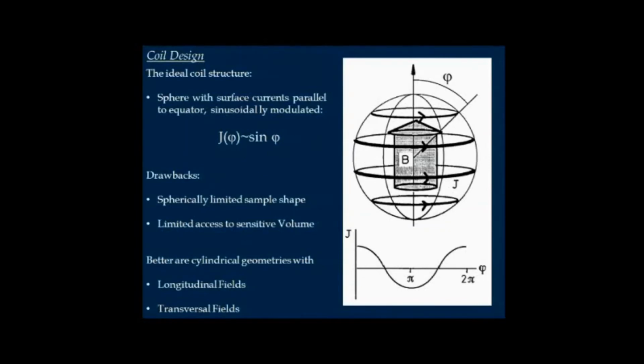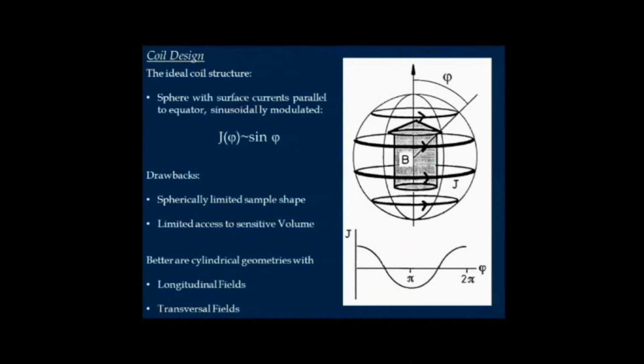This is of course analog, not digital, not only at a few places, but over the whole sphere. Well, this has actually been built by David Holt once, but has a few drawbacks which are obvious. You have a spherically limited sample. It has to be spherical or fit into the sphere. You have very limited access to the sample at all.